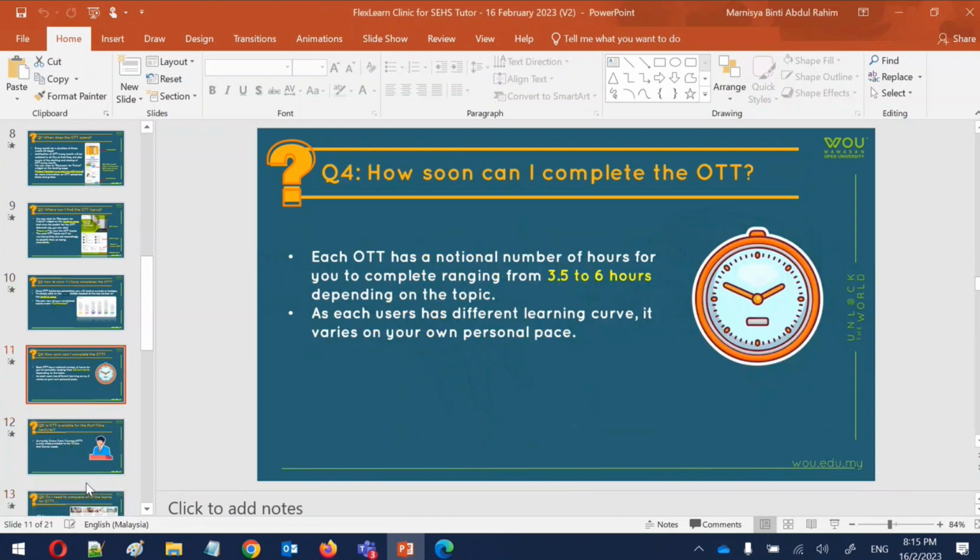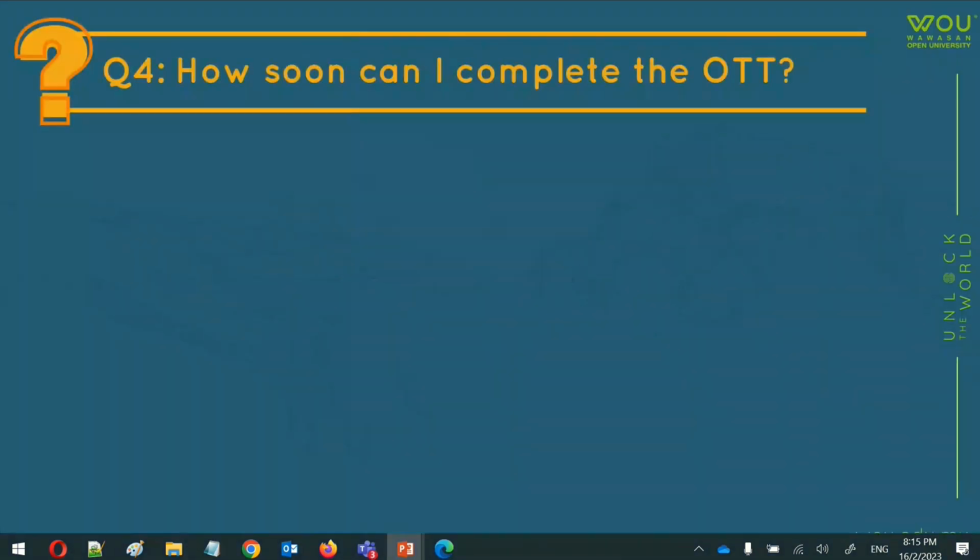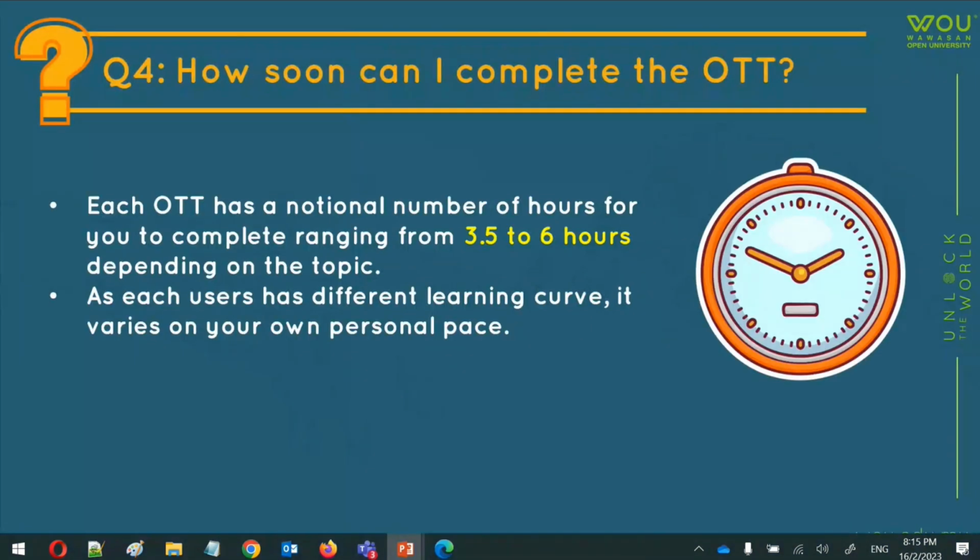Okay. So right now, once you have completed it, it's all right. But I think for new tutors who join probably later in the semester, they will say, Manisha, I have limited time. How soon can I finish an OTT?